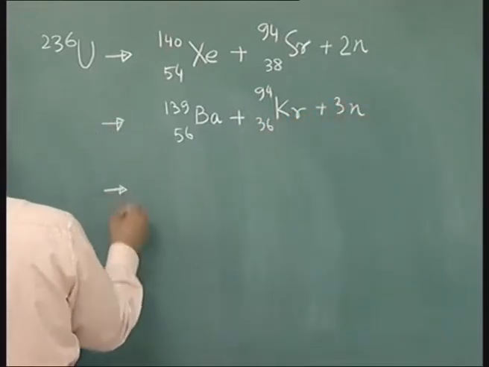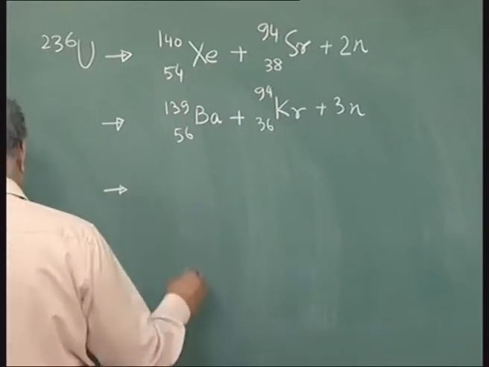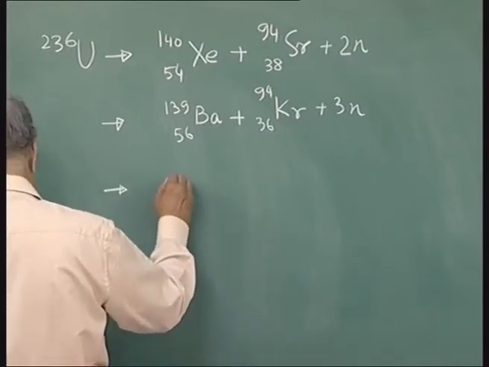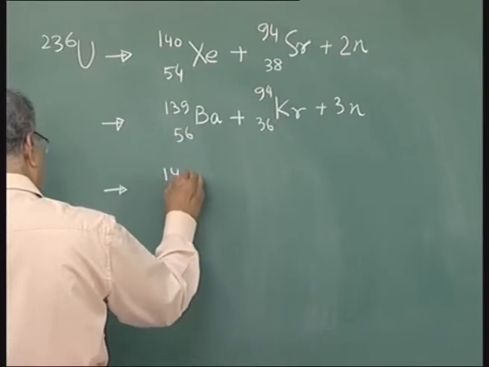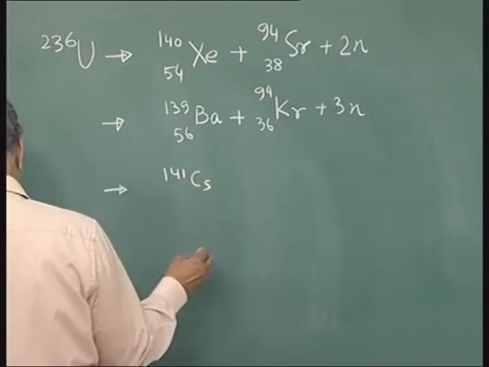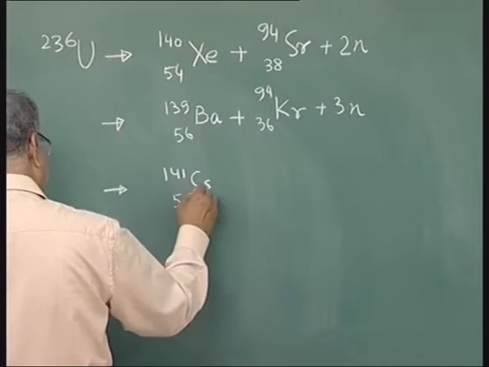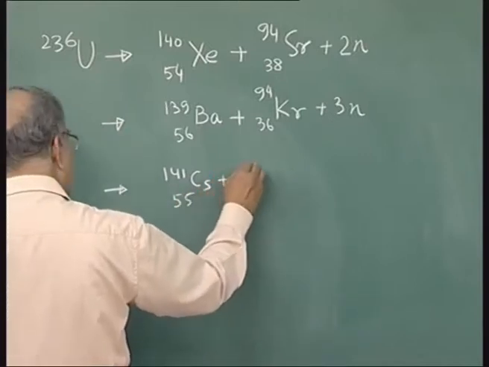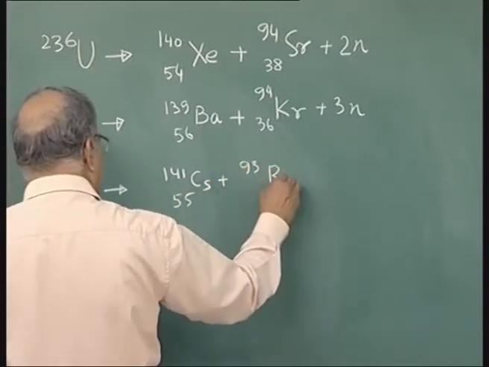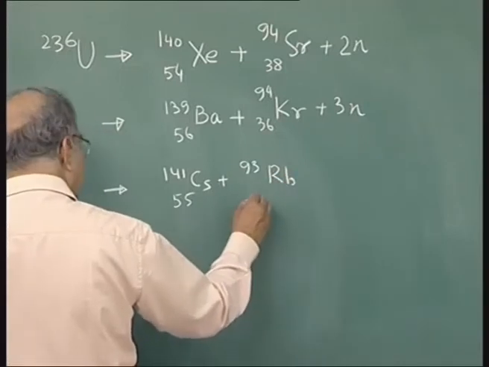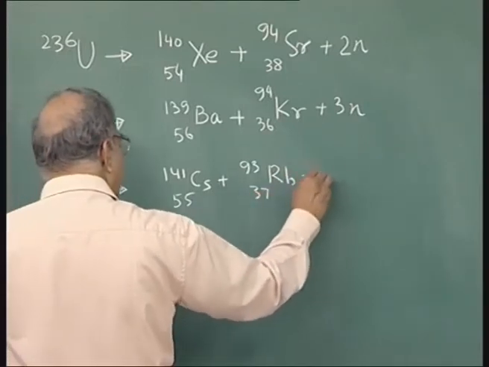Then you can also have a reaction like 141 CS 55, plus 93 Rb rubidium 37 plus 2N.